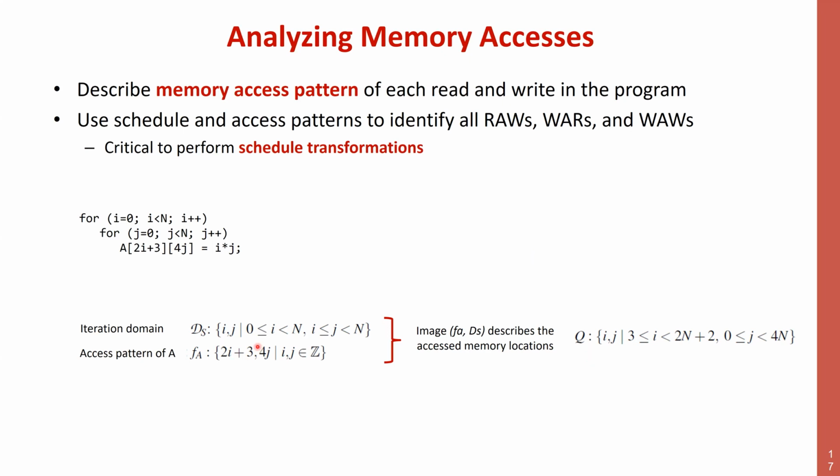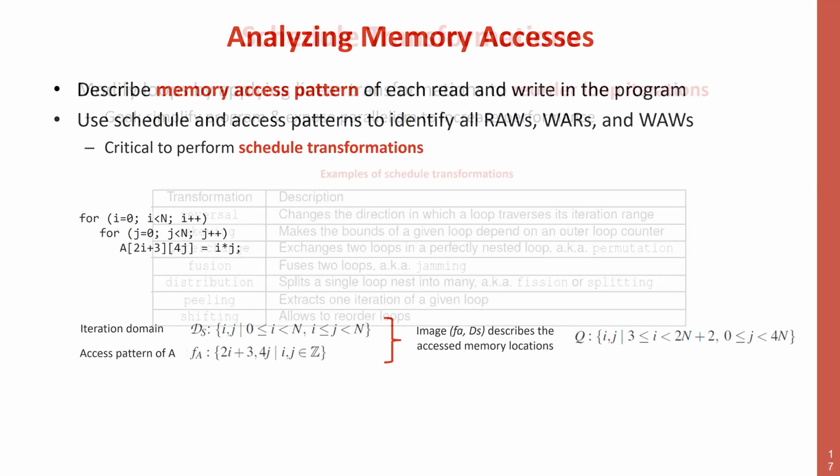And you can obtain this easily from the access pattern and from the iteration domain. Because everything is statically anticipable, it's relatively easy to compute.